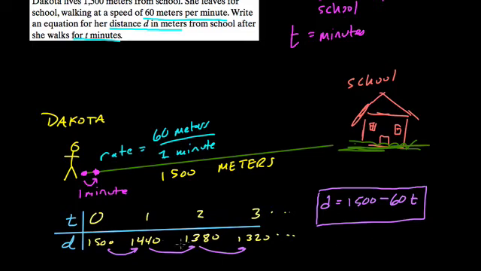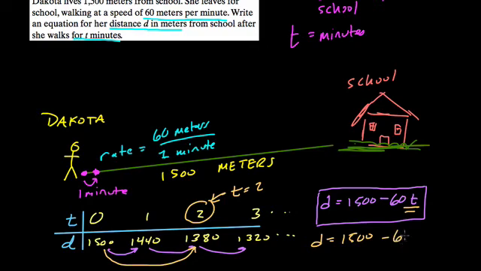But this equation is saying, okay, after 2 minutes, how many meters will she be from school? Well, you can think of this as 1,500 minus 120, or minus 60 times 2, which is what this part of the equation would do if t was equal to 2, right? Because it's just 1,500 minus 60 times 2. So that means 1,500 minus 120, which is 1,380, our distance from school.